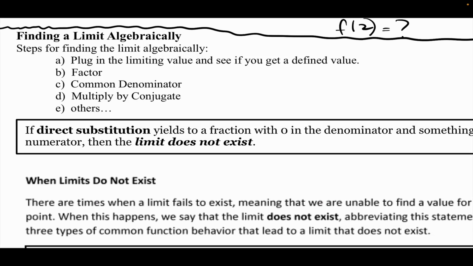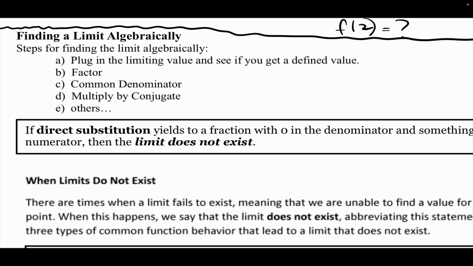Okay? So if direct substitution yields a fraction with 0 in the denominator and something in the numerator, then it doesn't exist. So if we plug in a limit, and we get something over 0, then that's when the limit doesn't exist. Okay, that's what we're going to do. A bunch of different examples I want to show you on how to do these.